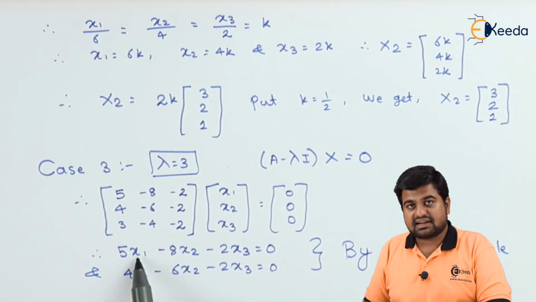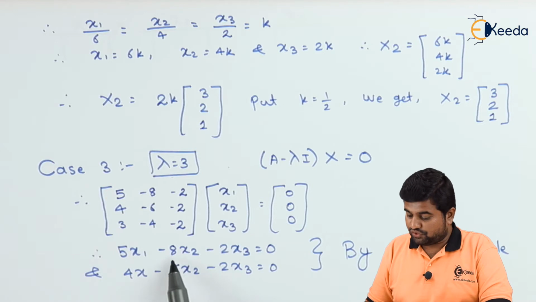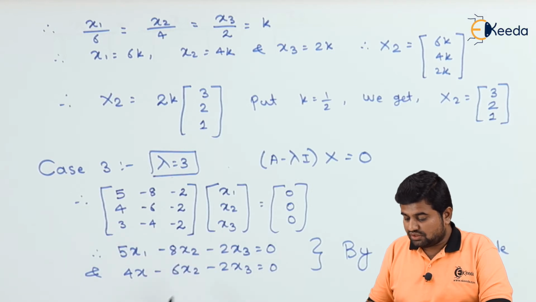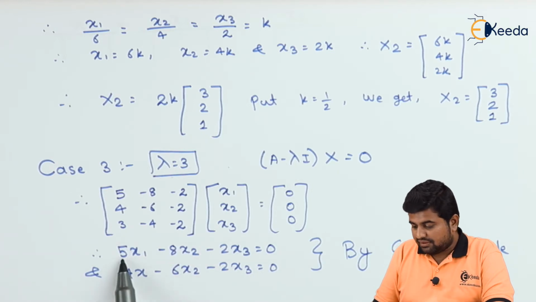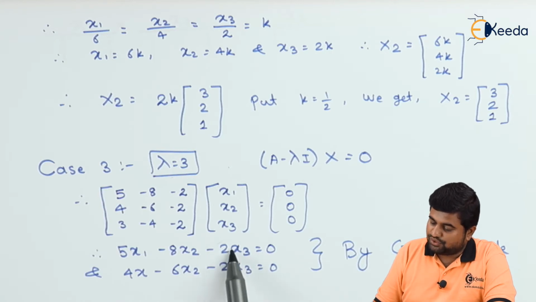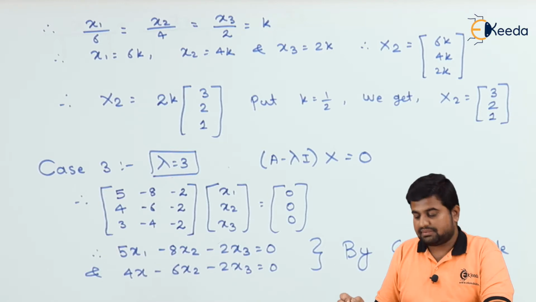Now when we consider x1, we are going to hide these two terms and I am going to focus on minus 8, minus 2, minus 6, minus 2. Like that, when we hide x2, we are going to have 5, minus 2, 4, minus 2. And for x3, I am going to hide these two and I am going to focus on 5, minus 8, 4 and minus 6.